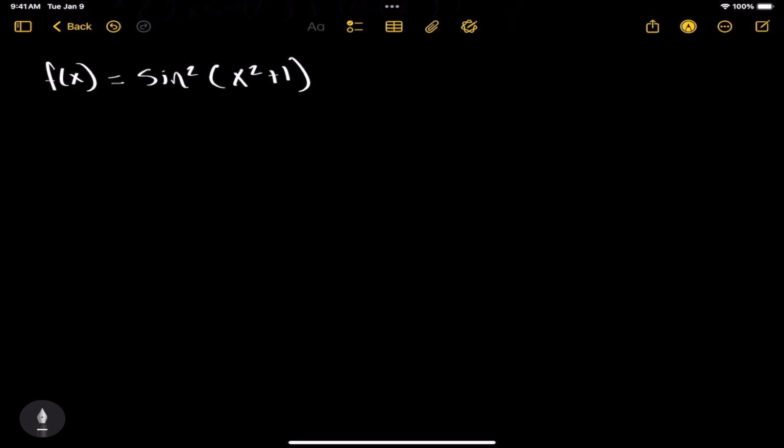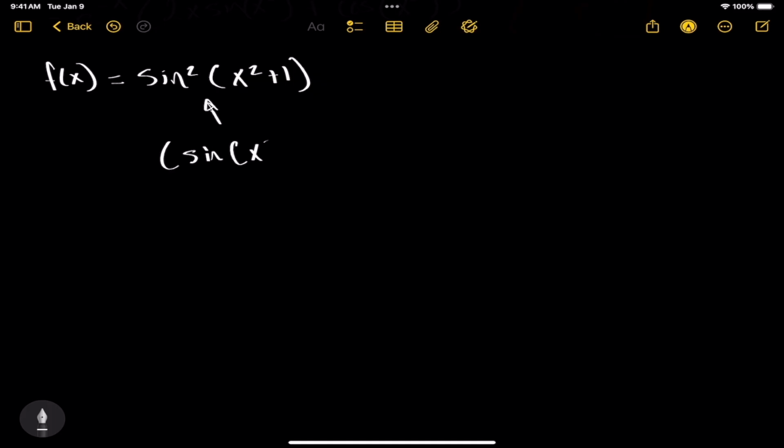All right, so here is our second problem. This one's f of x is equal to sine squared of x squared plus 1. So this one might be confusing, but it's not. Trust me. Now remember, whenever you have a square here, or cube, whatever, what this really looks like is parentheses sine.